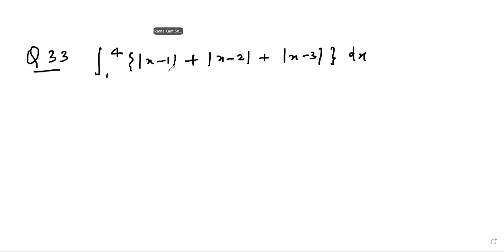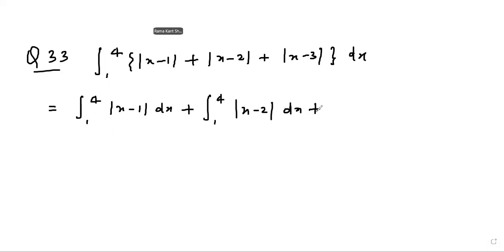So I will split each term and then I will apply the rule of the modulus and then integrate. So 1 to 4 modulus x minus 1 dx plus 1 to 4 modulus x minus 2 dx plus 1 to 4 modulus x minus 3 dx.